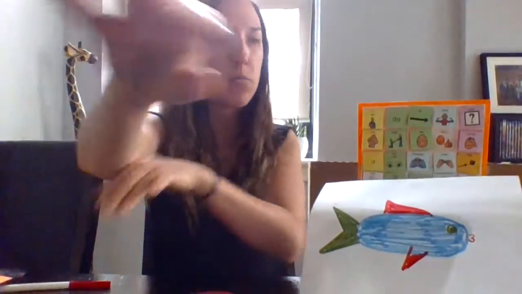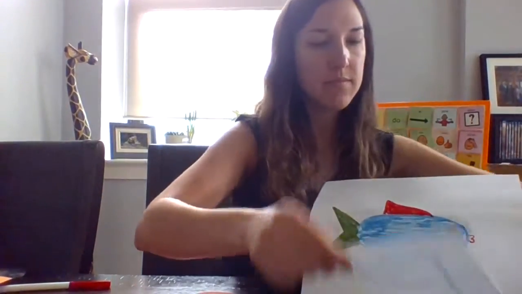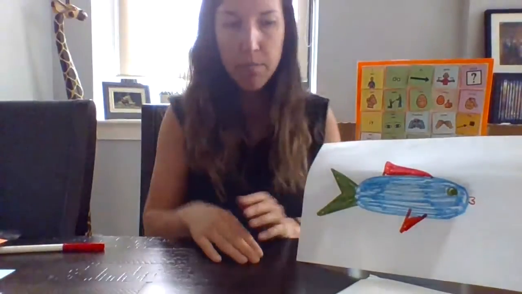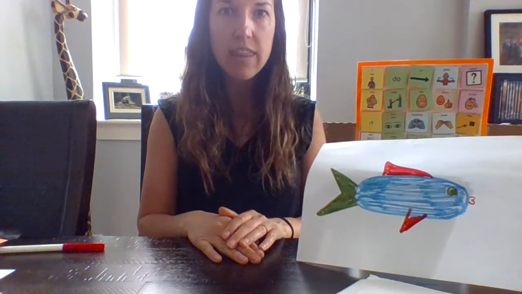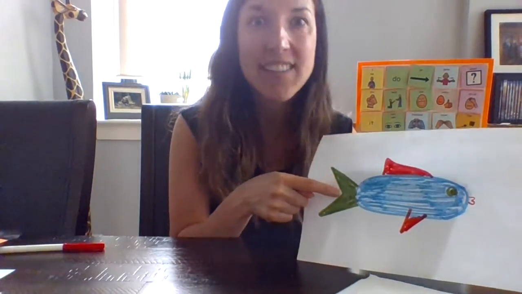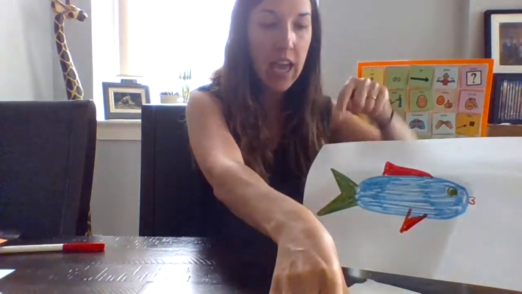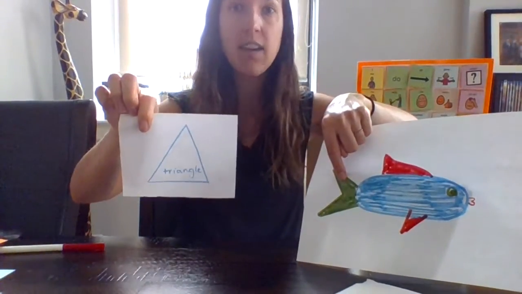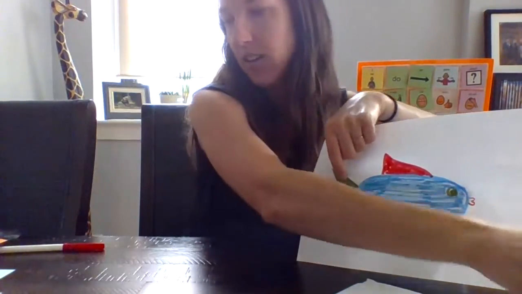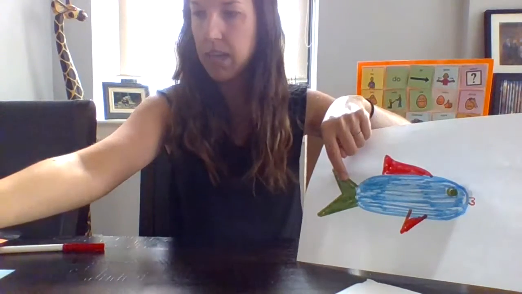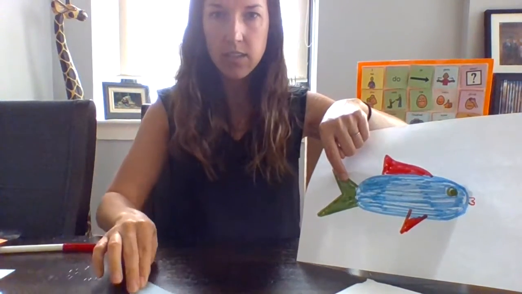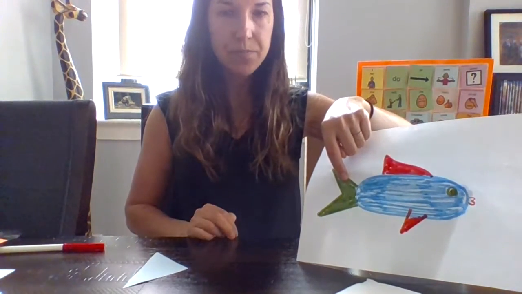Let's try one more. Put those back. Okay, how about I start with the tail this time? The tail is going to be a triangle. All right, I'm going to pick out a blue triangle. Whoops, there's my tail.